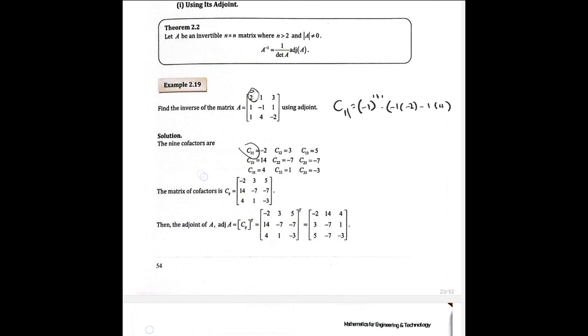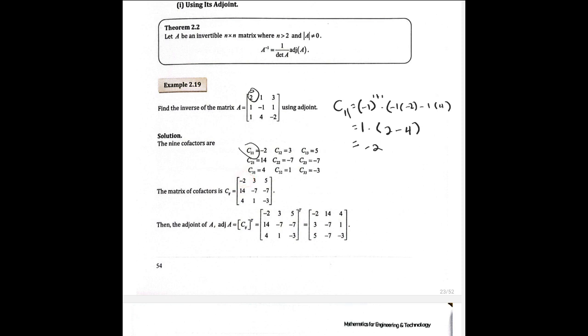So -1 to the power of 2 is 1, times -2 minus 4. This gives us negative 2. This is how you get negative 2 here.